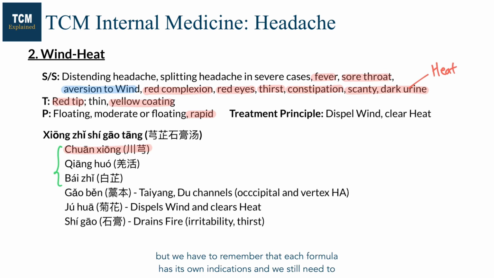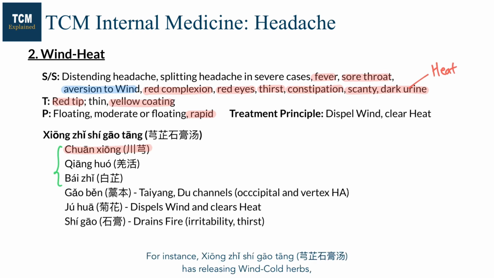But we have to remember that each formula has its own indications, and we still need to modify the formula to focus on resolving the main complaint, which is headache. And one thing I want to remind you is that a formula is a combination of herbs with different qualities, such as temperature and taste.